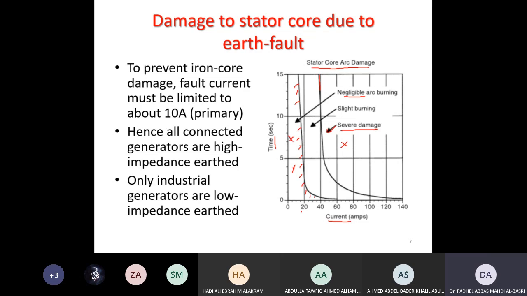As you can see, 40 ampere for a duration of 10 seconds can damage the core of the stator, and 80 ampere for roughly 1 second can damage the core. Any questions?